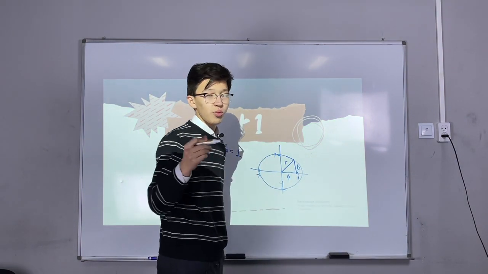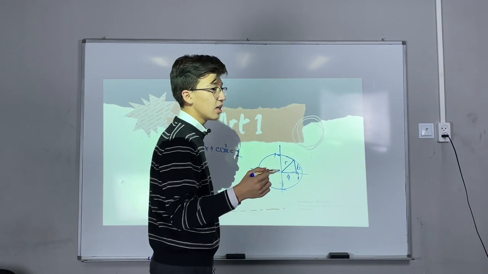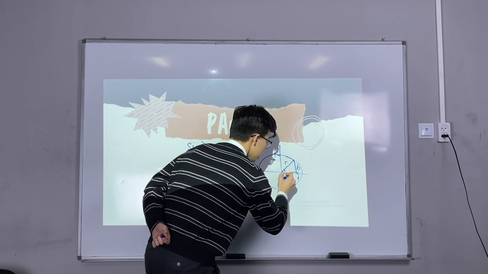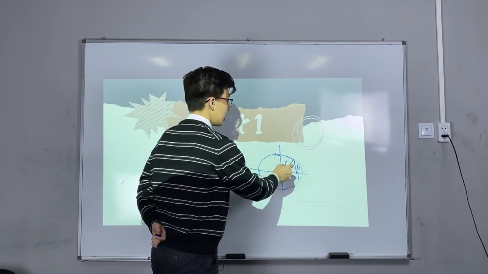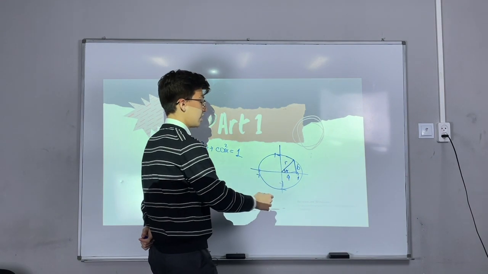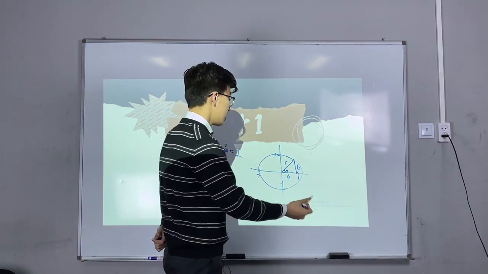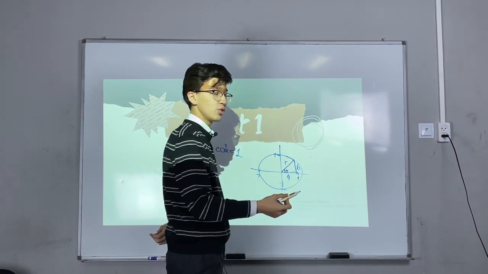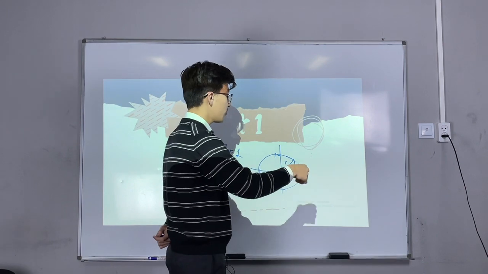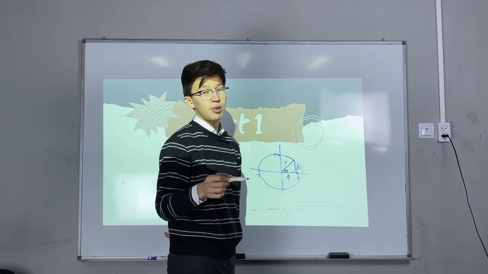As you know from the previous lessons, sine and cosine are functions of the angle, and here you can label the angle X. We know from the previous lesson that sine is equal to the opposite length of the triangle divided by the hypotenuse.